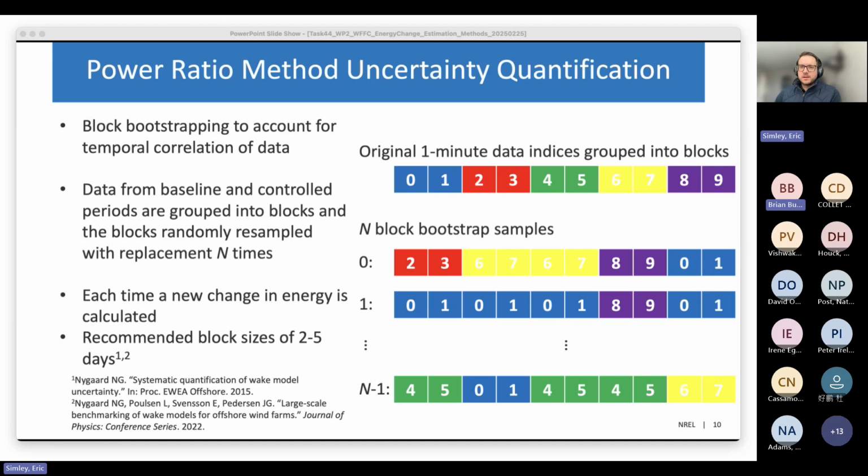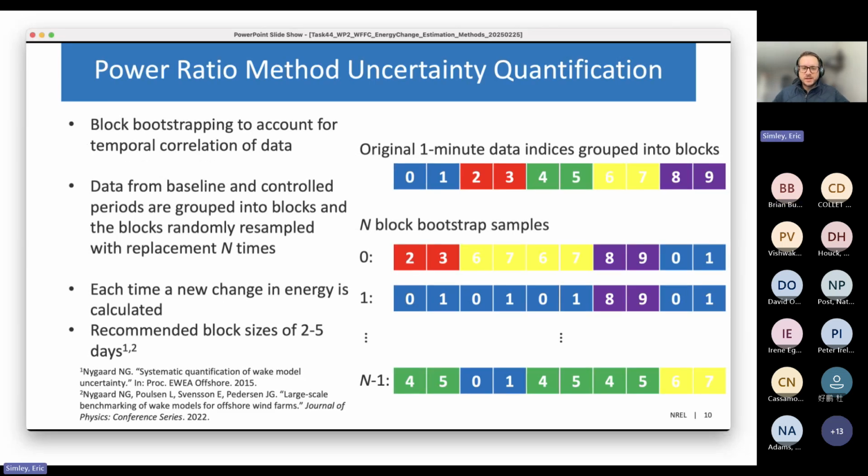Okay. Yeah, that's a nice idea. I see what you're saying. And actually, the way we're implementing this, the blocks would not properly account for that, because first we divide the data into a baseline data set and a wind farm control data set, and then we apply blocks to those data sets separately.